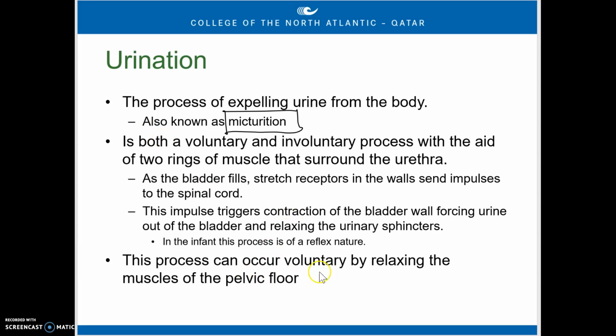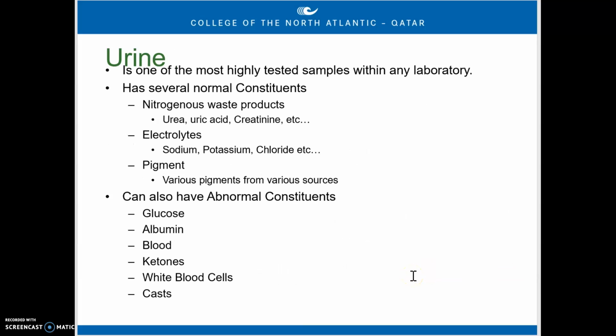Now, the urine is actually one of the most highly tested samples within any laboratory. We can gain a lot of information about the health of a person just by taking a sample of their urine. There are several normal constituents of urine, normal things we would expect to find in everybody's urine sample, because urine is a waste product, and we know we're going to get rid of some waste every time we produce urine.